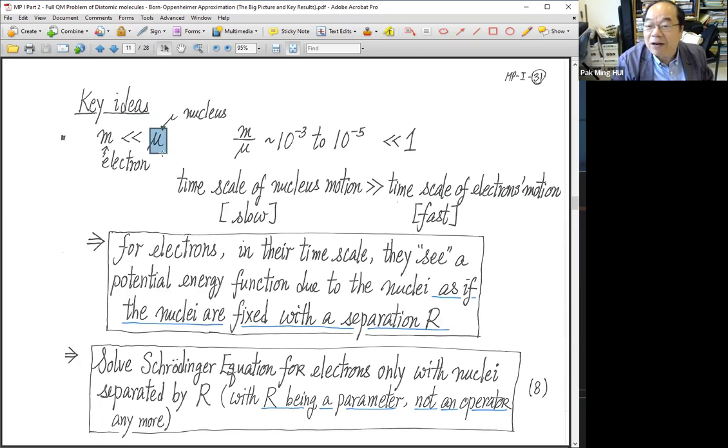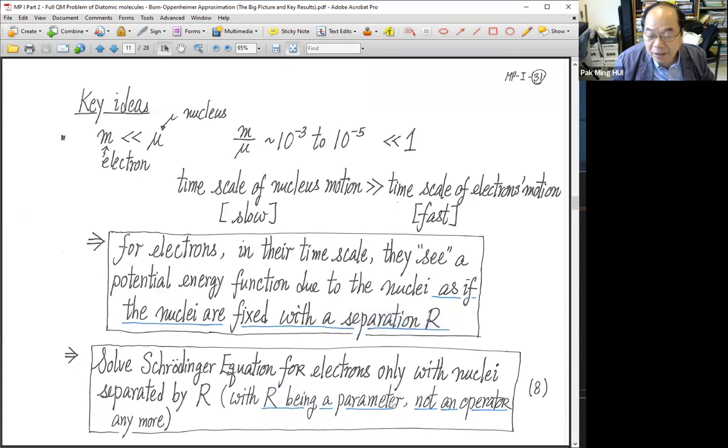Thereby, from the viewpoint of an electron, the two nuclei seem to be fixed in time. And that is the idea. So for the electronic part, we take the approximation that the separation R is fixed. It is just a parameter. Once it takes on a value, it is just a number in the electronic problem.